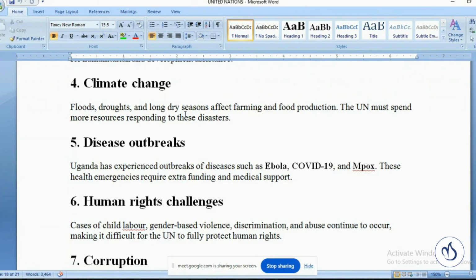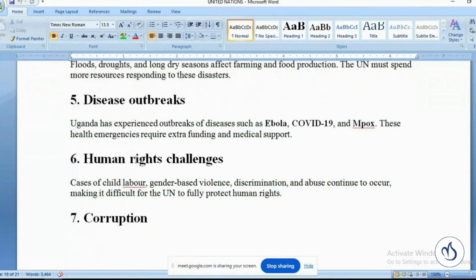Anything that is not budgeted for will always require extra funding, and this will make bankruptcy easy. For example, COVID-19 almost made the UN weak because it required emergency extra funding. So it's also a problem, the outbreaks in the country.